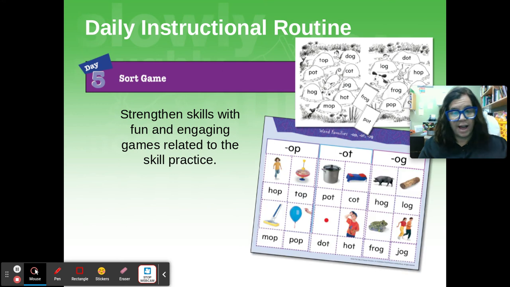So there are all kinds of games on your digital subscription that they can play. One that I would often play on day 5 is race each other, or can you beat the clock? I would have everybody take out their sorts, no matter what group they were in, and I would say, we're going to try to do a sort in a minute 30.